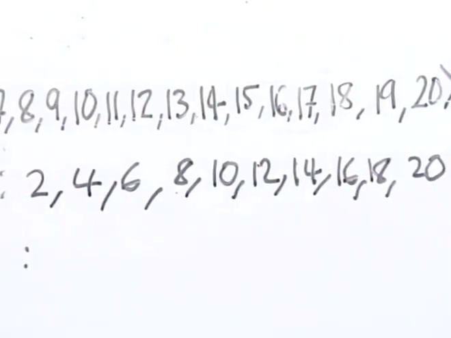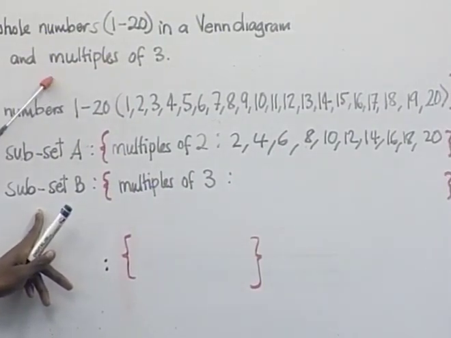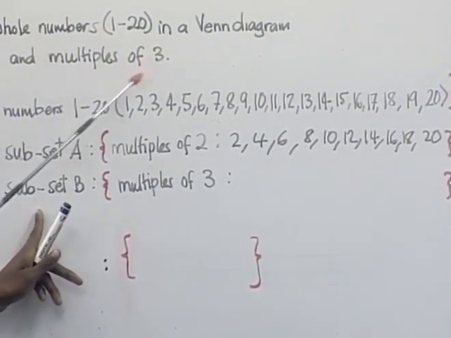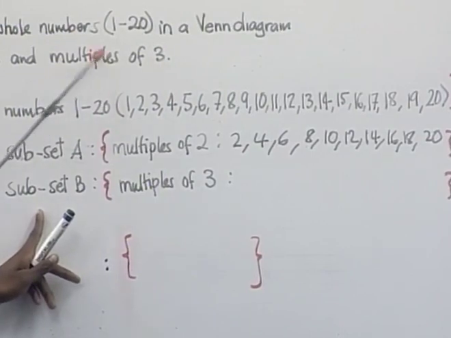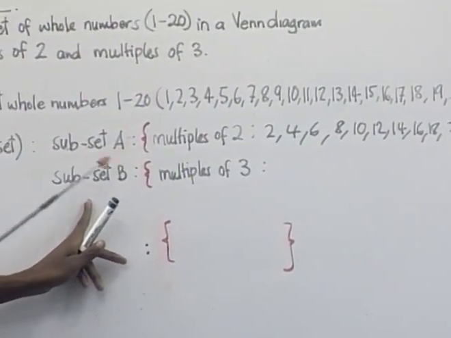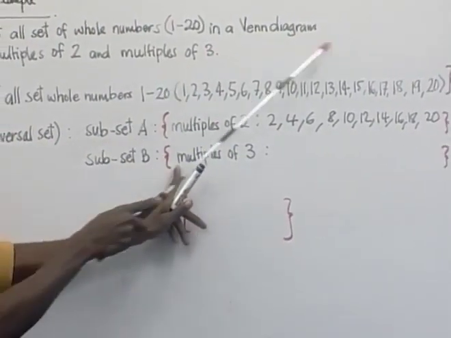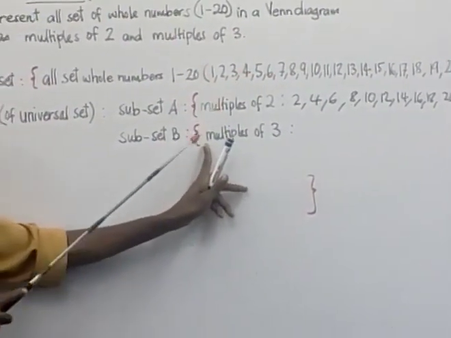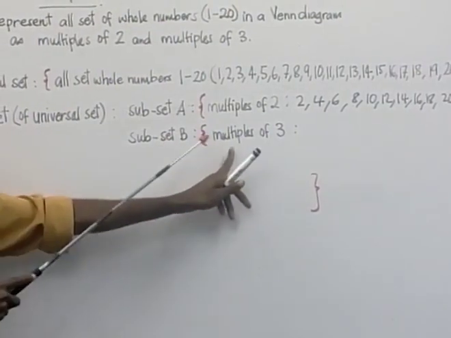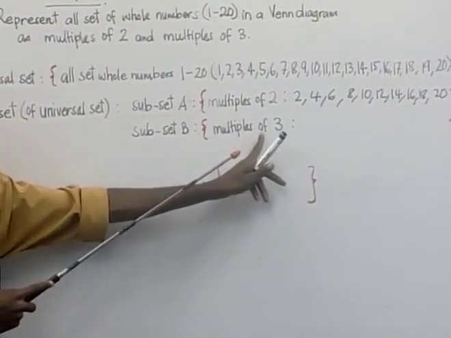Subset B, that's what our question is referring to here. So, we have to find multiples of 3. So, multiples of 3 is the subset B. So, from this universal set, which of these numbers are multiples of 3?